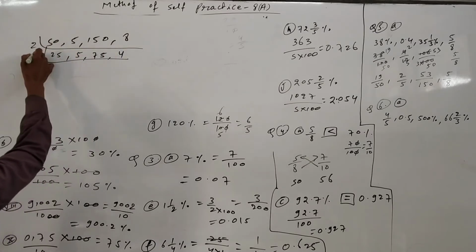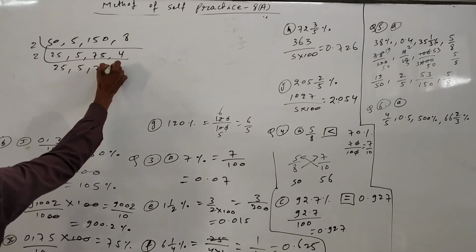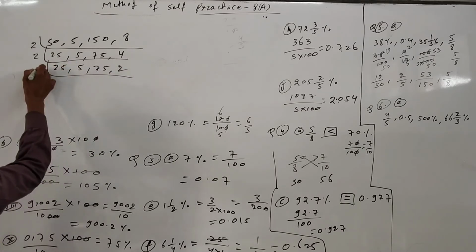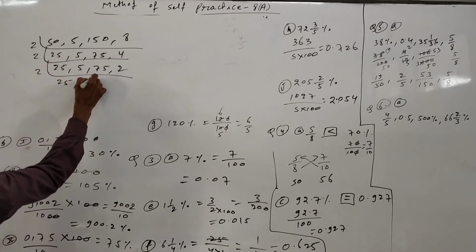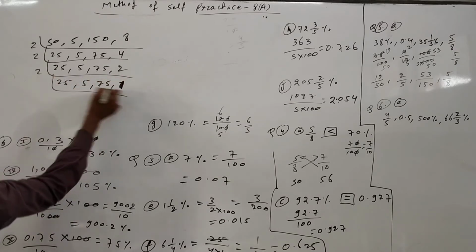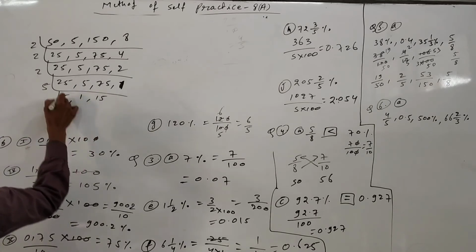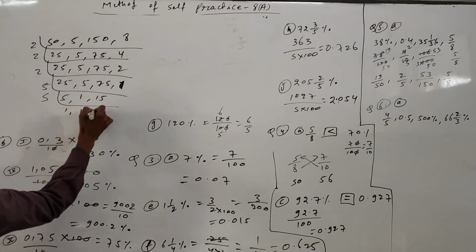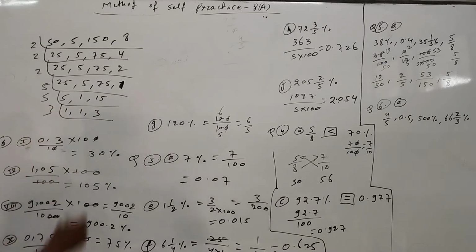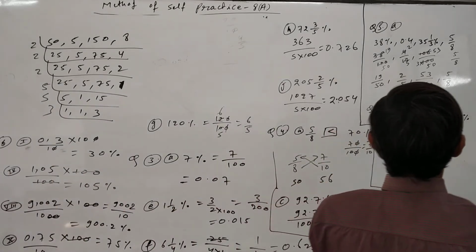Again we divide by 2: 25, 5, 75, 2. Again by 2: 25, 5, 75, 1. Now by 5: 5, 1, 15. Again by 5: 1, 1, 3. Now by 3. So it will come 8 into 25, 200, 200 into 3, 600. So the LCM will be 600.